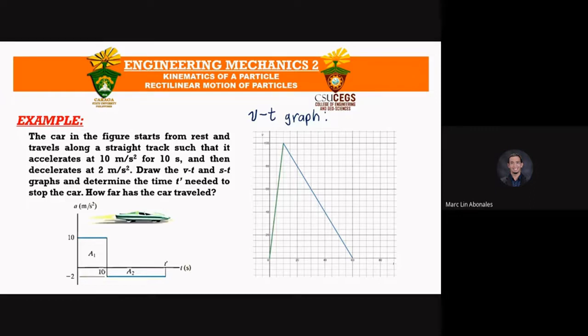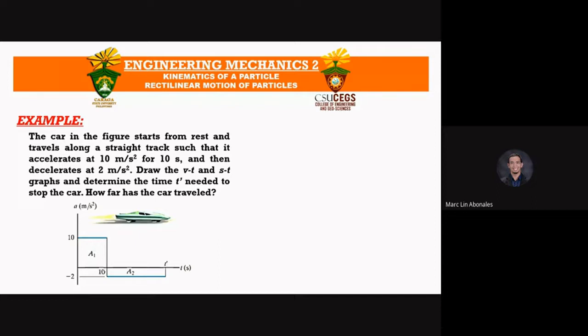So linear man ni, so next would be quadratic equation. So let us construct the ST graph. After we construct the VT graph, gikan sa AT graph nato, we can construct the next graph, that is the ST. So the same process ato gibuhat kanina.